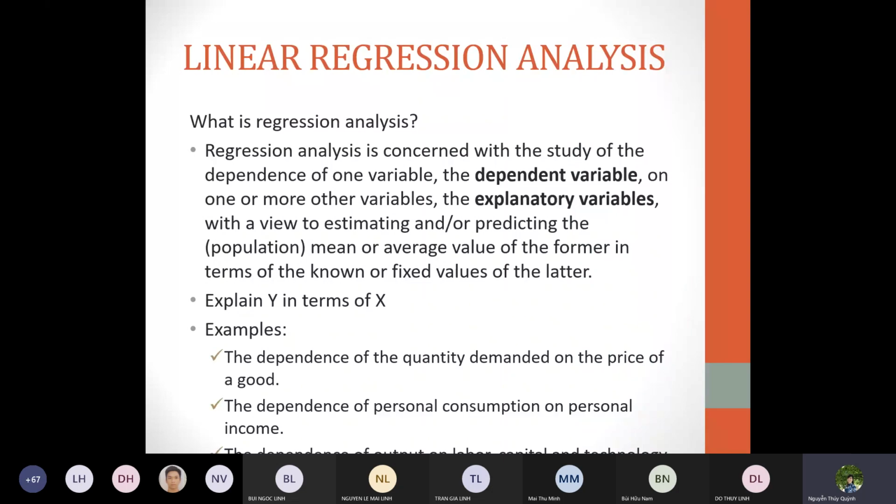So here, we will also divide the variables into two categories. The first one is the dependent variables, or we call it the explained variables. And the second category is the independent variables, or you can call it the explanatory variables. So we have two types of variables in the model.